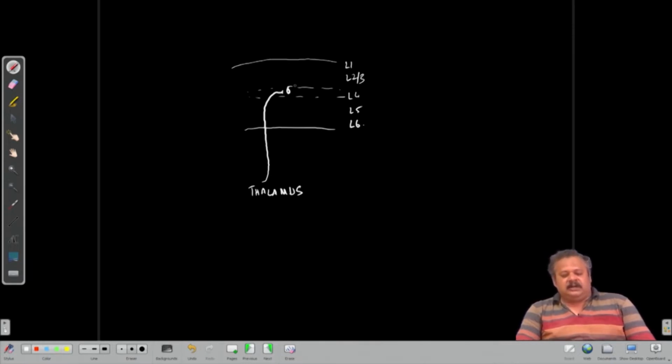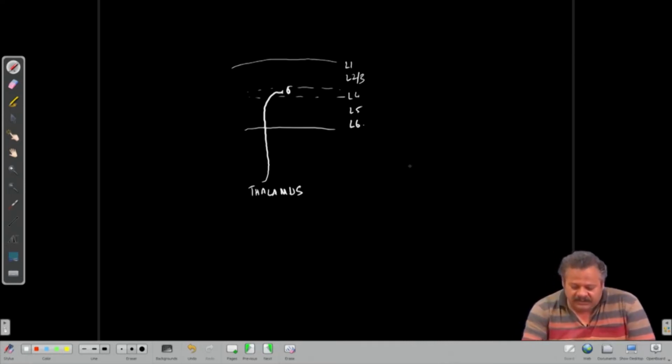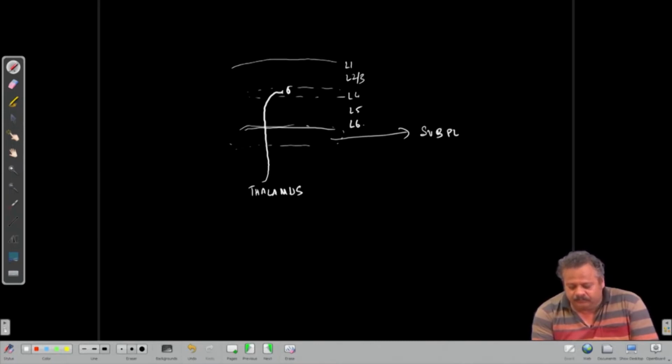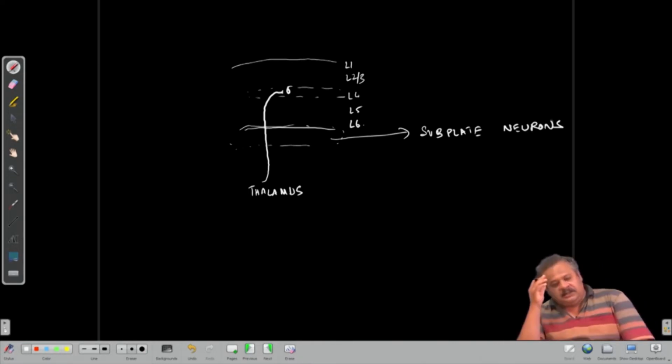It is quite different, and there are stages through which this happens. Initially there is a layer of neurons called subplate neurons, and these are present transiently.